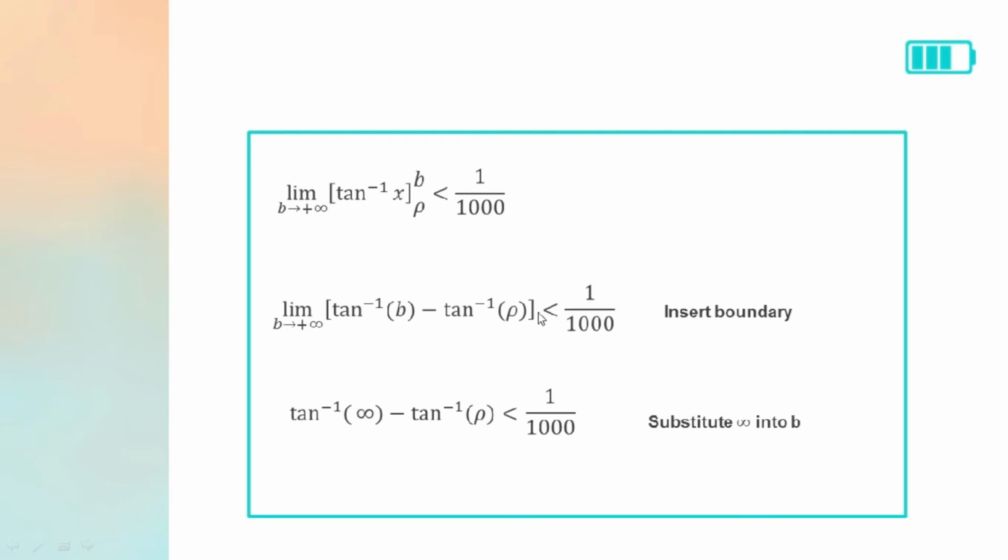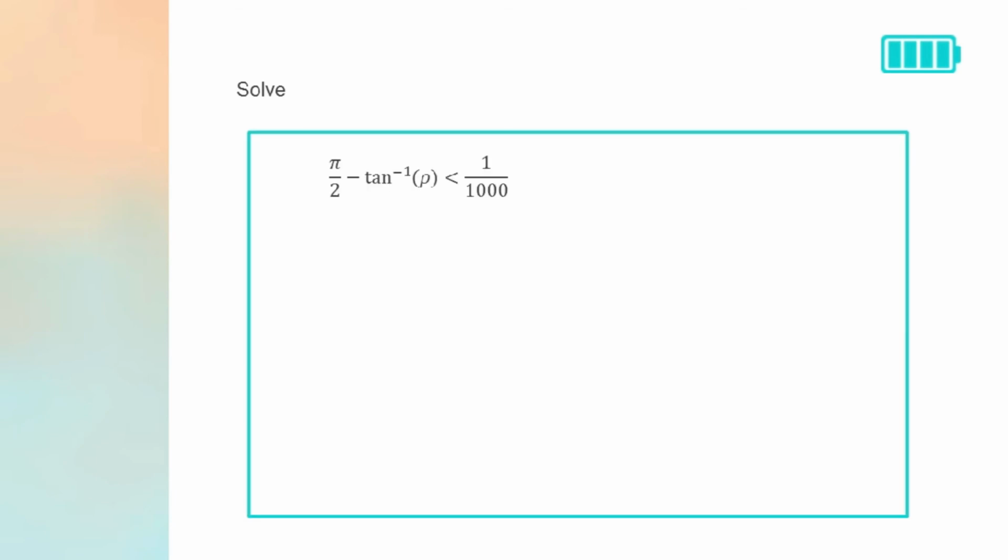Next, we have to solve the limit. In order to solve the limit, we substitute infinity into b. So it will be arctangent infinity minus arctangent of rho less than 1 over 1000, which is pi over 2 minus arctangent rho less than 1 over 1000. Step number 5, which is the final step, we can solve the equation.